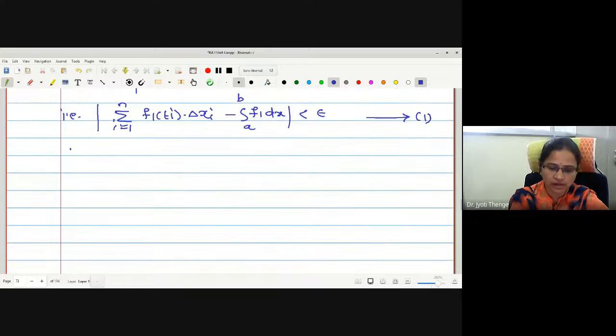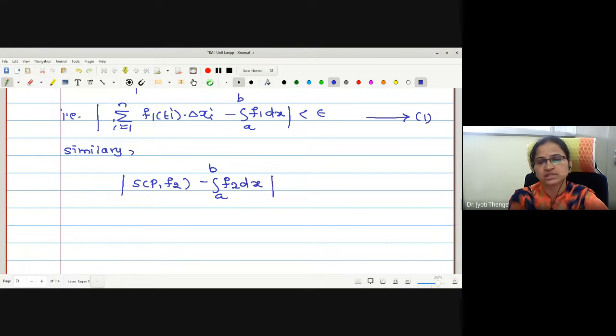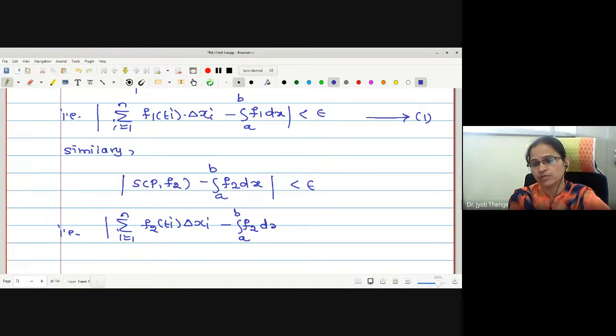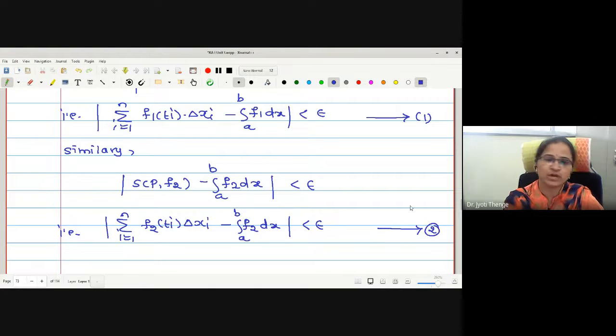Similarly, let us write for the second function. Mod of S(P, f2) minus integration a to b f2 dx less than epsilon by 2, that is, summation i equals to 1 to n f2(ti) delta xi minus integration a to b f2 dx less than epsilon by 2, and let me write as statement number 2.